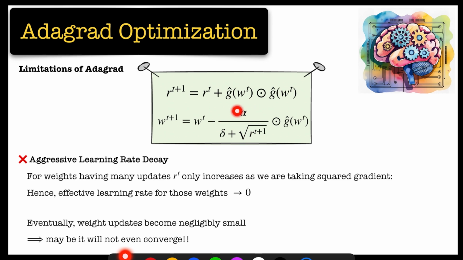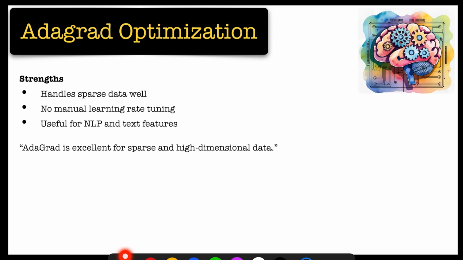That means this term will decrease a lot, tending to almost 0. So the effective learning rate for those weights will become 0 or close to 0. Eventually weight updates become negligibly small, so maybe it will not even converge. If we have non-sparse features, for those weights the learning rate will become almost 0 after some point, and it will stop learning. That is the main limitation of AdaGrad.